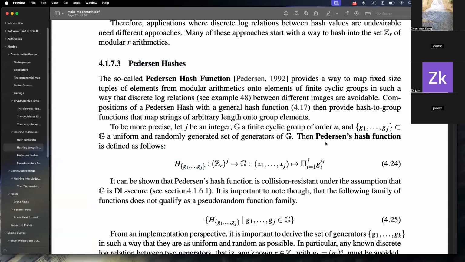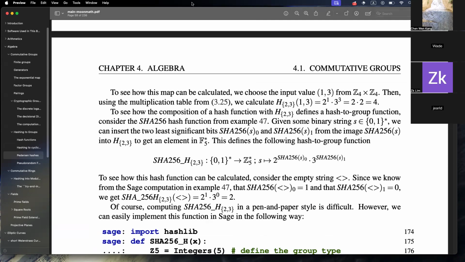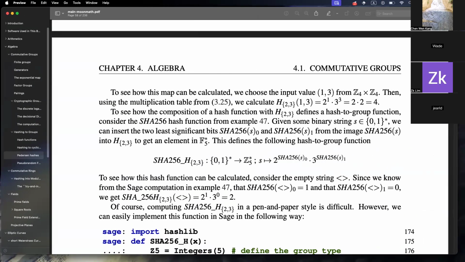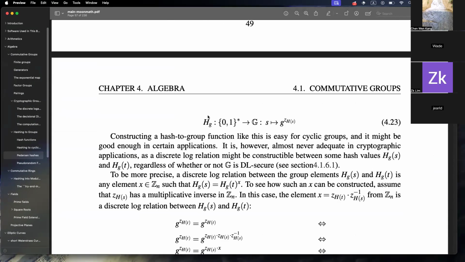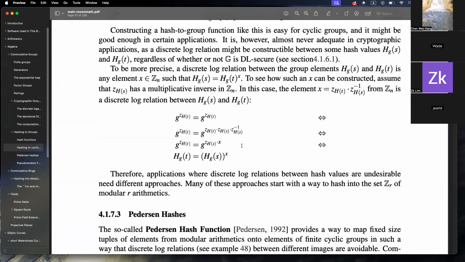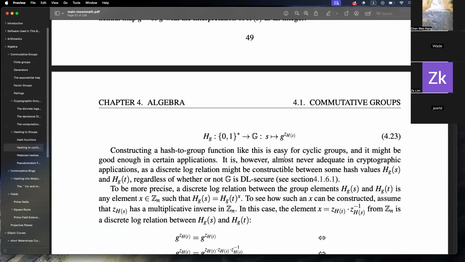Of course, in this case, we are using SHA-256 with Pedersen. So it's not difficult to do that. But as you can see, a naive hash, the SHA-256 hash, has some problems, which I think they discussed over here. There is a relation.